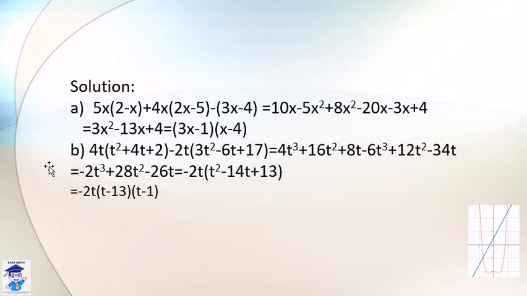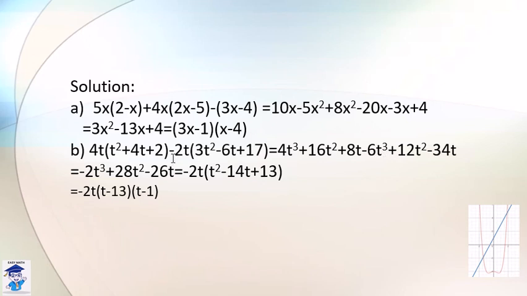Number B, we have to expand it, and 4t times t squared is 4t cubic. Next, 4t times 4t is 16t squared. Next, 4t times 2 is 8t. Next, negative 2t times 3t squared is negative 6t cubic.